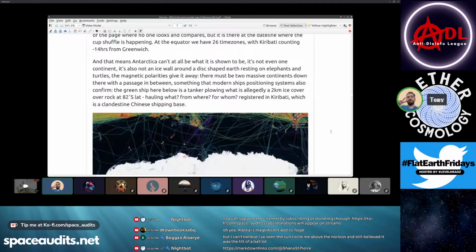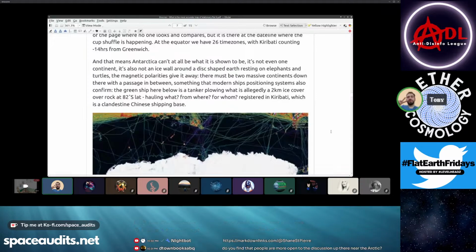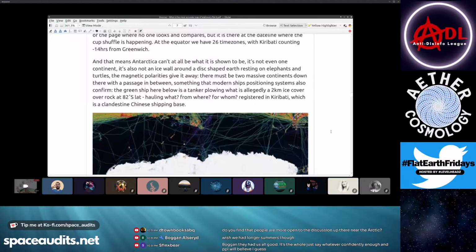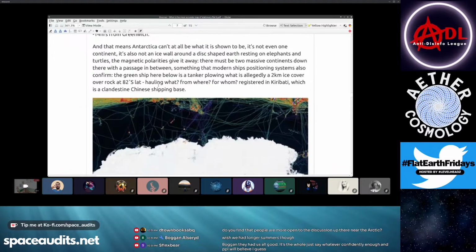It's also not an ice wall around a disc-shaped Earth resting on elephants and turtles. The magnetic polarities give it away. There must be two massive continents down there with a passage in between, something that modern ships' positioning systems also confirm. The green ship here below is a tanker plowing through what is allegedly a 2-kilometer ice cover over rock at 82 degrees south latitude.